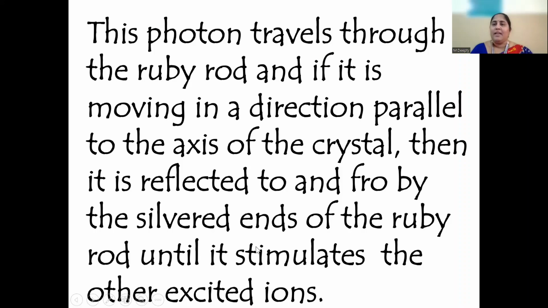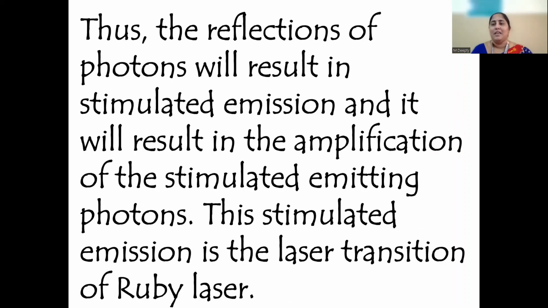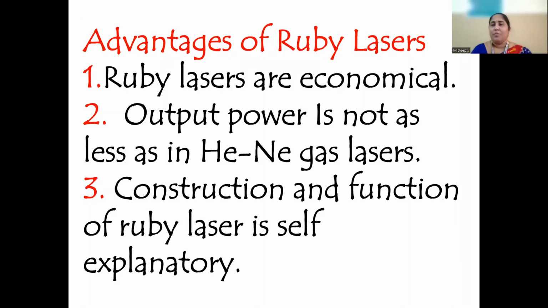So until we get the desired output of 6928 angstroms, they move to and fro between the fully silvered surface and the partially reflecting surface. This causes stimulated emission, and it also gives amplification of the light. This amplification gives the desired output, and the remaining atoms which failed to stimulate fall onto the ground state by giving spontaneous emission.